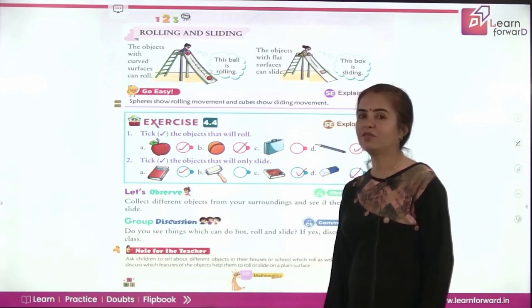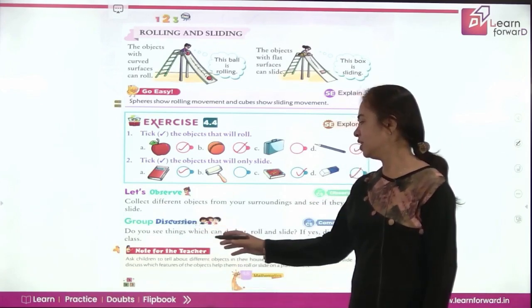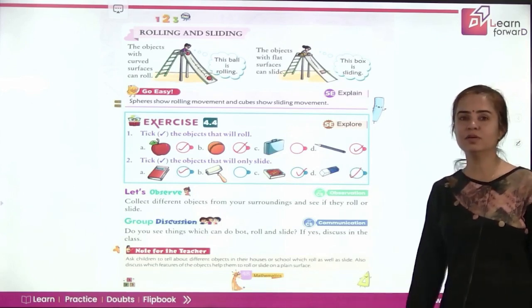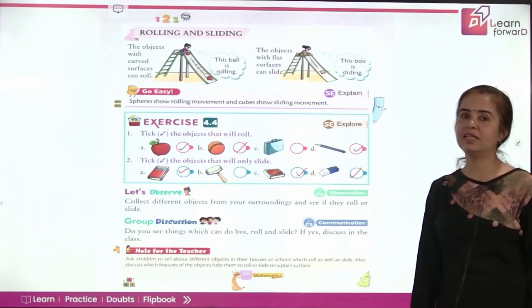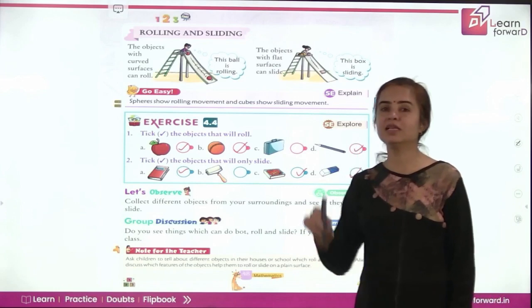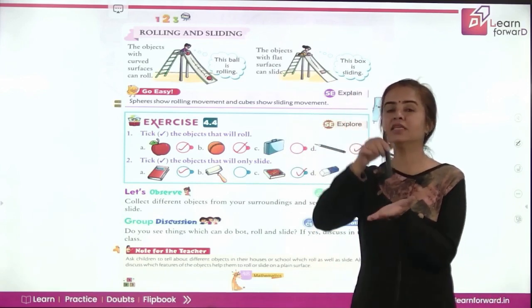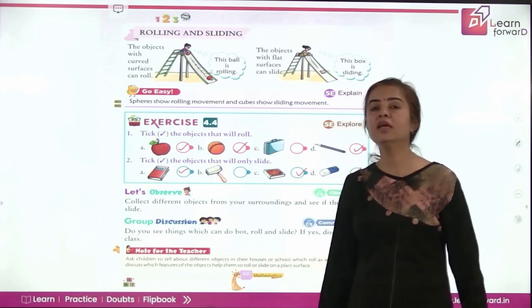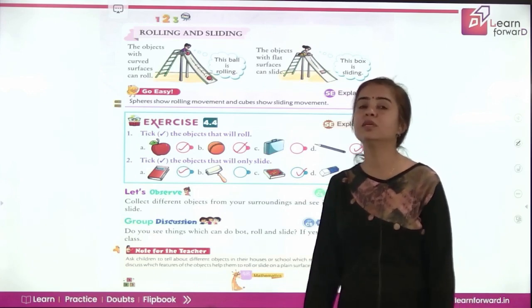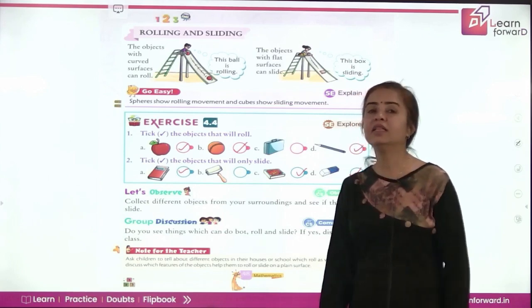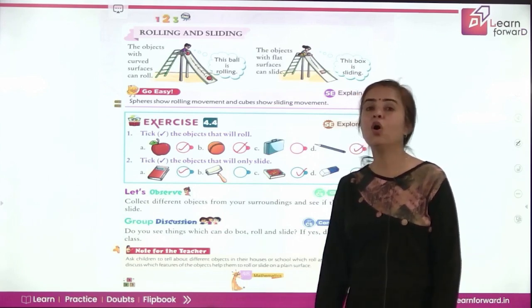Now we have to discuss something. Do you see things which can do both roll and slide also? Yes, definitely they can. If I look at my pencil, I keep it like this, it will roll. But if I keep it like this, it will slide. Okay, so there are some objects which can roll as well as slide, and they are in the shape of a cylinder or a cone.